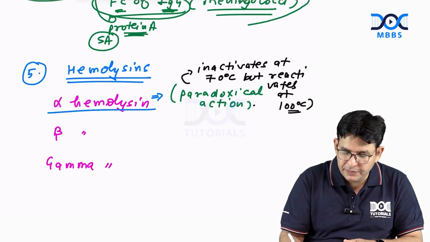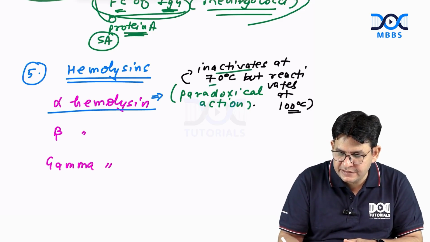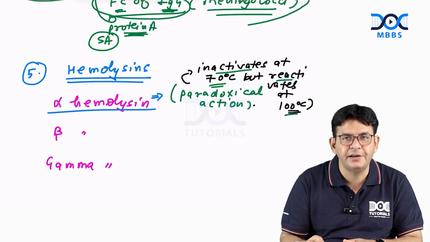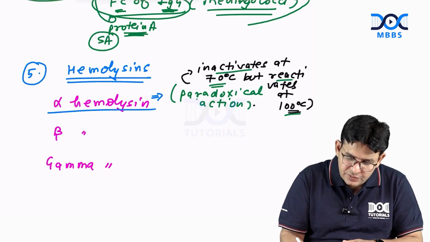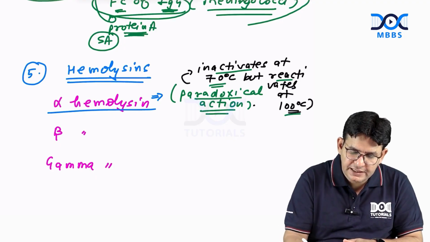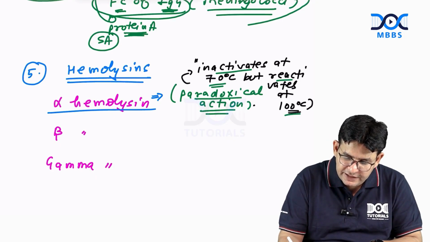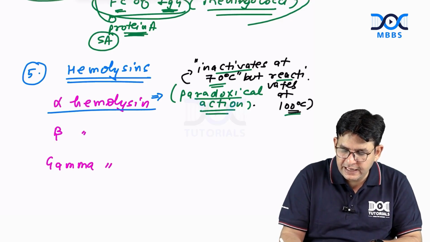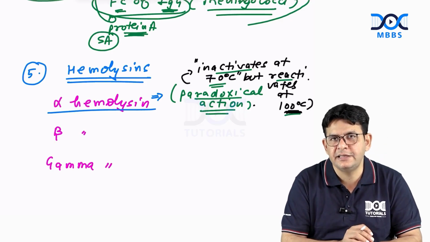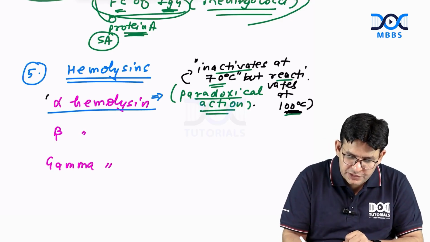This property of inactivating at 70 and reactivating at 100, isn't it a paradox? So this is what is termed paradoxical action. It inactivates at 70 but reactivates at 100 degrees centigrade.